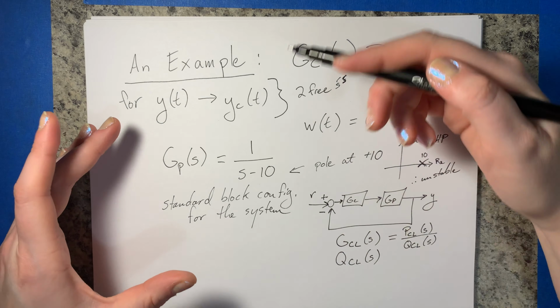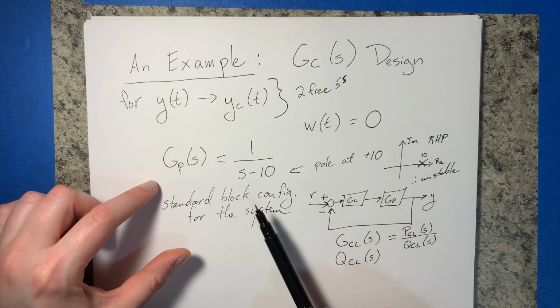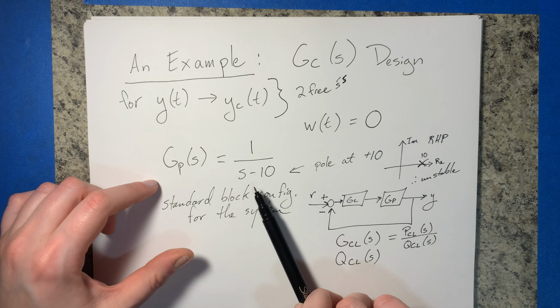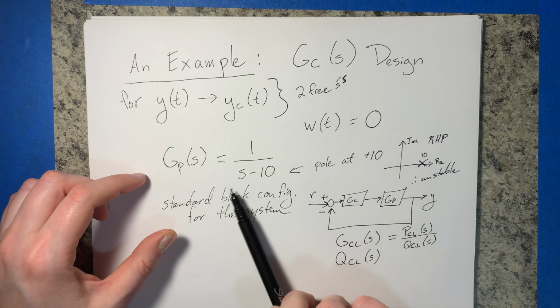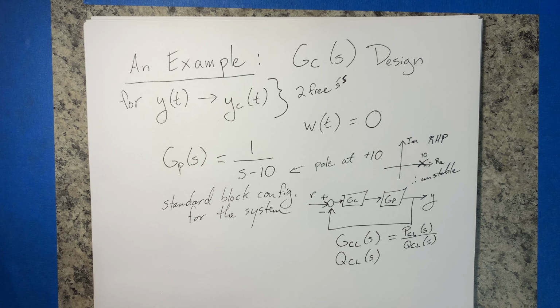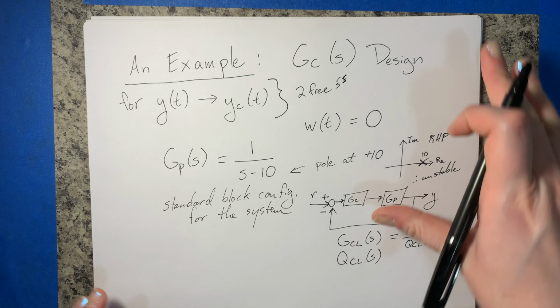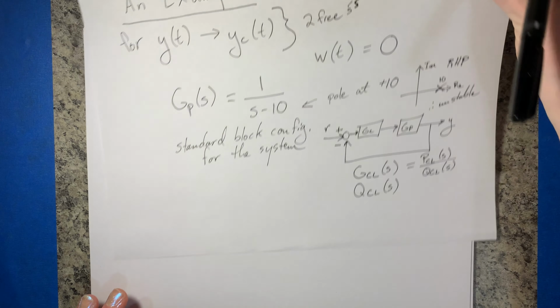Now let's look at GP to see if there are any free s's given to us. In this case, we don't have any free s's given to us by GP. So what we can do is take our trial designs, and let's write that on another sheet.